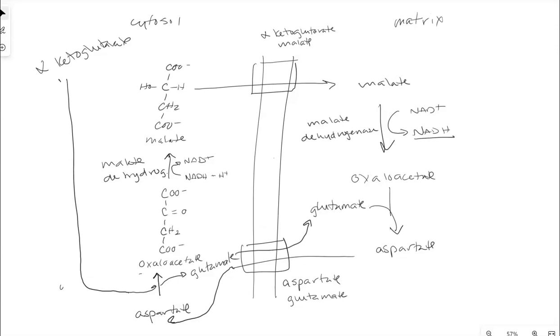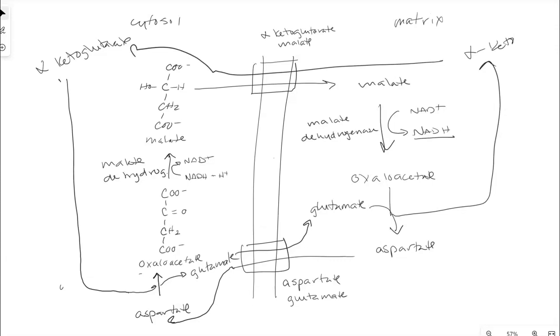And then you're wondering, where did that alpha-ketoglutarate come from? Well, when the glutamate interacted with the aspartate and oxaloacetate, there was an offshoot of alpha-ketoglutarate, which then counter-shuttled there. So for each malate across, we get an alpha-ketoglutarate back, and for each aspartate that we get across, we get a glutamate back as part of the shuttle.